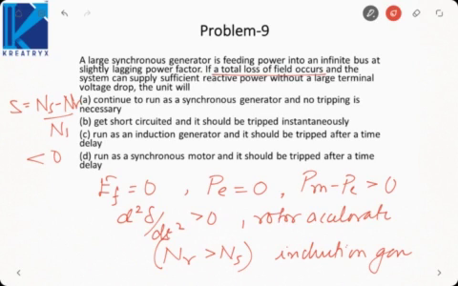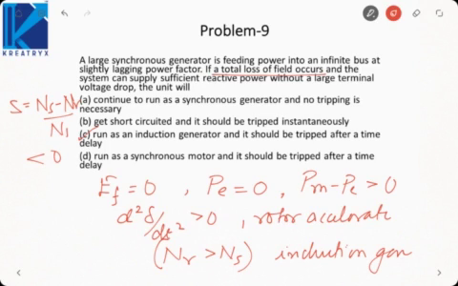So it will draw an additional current from the supply, which is the magnetizing current. Due to the additional current from the supply, the stator will get overheated. Hence, we will have to trip it after a certain time. Otherwise, the stator will get overheated in an induction generator. So it will be answer C. Okay, why are we tripping? Because otherwise the stator gets overheated.